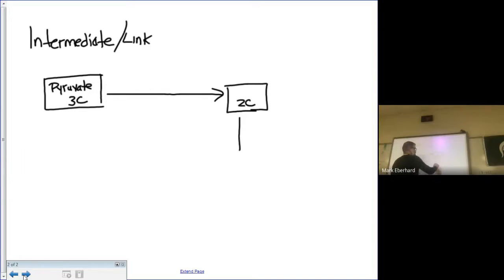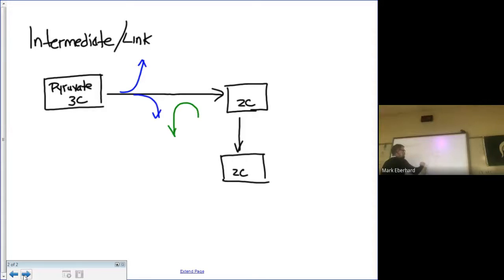And then we're going to convert that into a slightly different 2-carbon molecule. And that's going to involve an arrow there, and a little bit more here. So that's the basic diagram or basic schematic here.